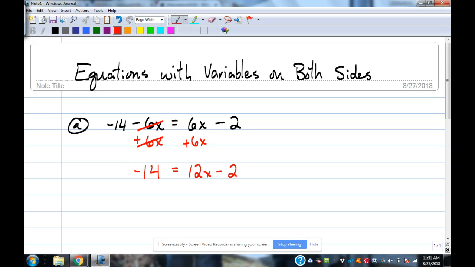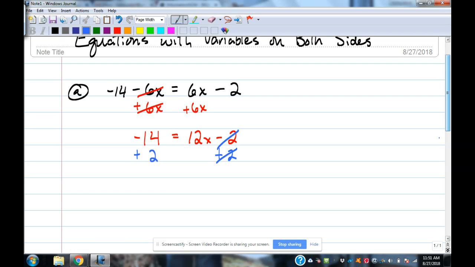Now it's a two-step equation like we were doing last week. So which one of these needs to move? That minus 2. So how do we move it? Add 2. That's good. That cancels out. Negative 14 plus 2 would be negative 12. Good job.